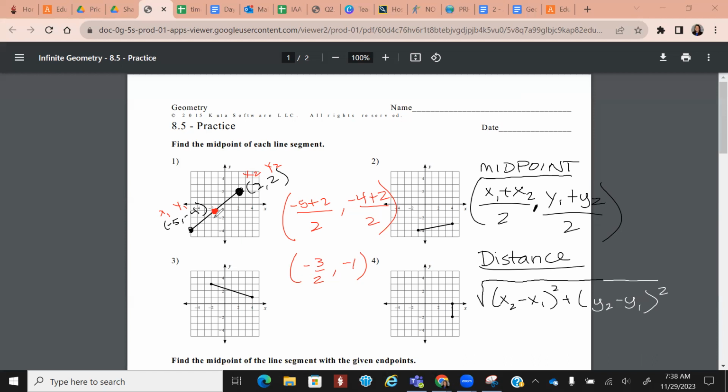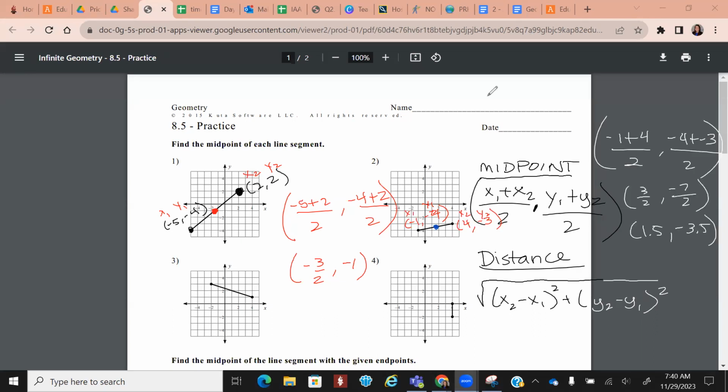Y'all can do it. Hardest part is like labeling. Okay, so I got 3 halves comma -7 halves, or in decimal form, 1.5 comma -3.5. And that's right here. So boom, works. Always putting where that midpoint is a good way to kind of check yourself on your negatives, to make sure that you didn't mess that up.